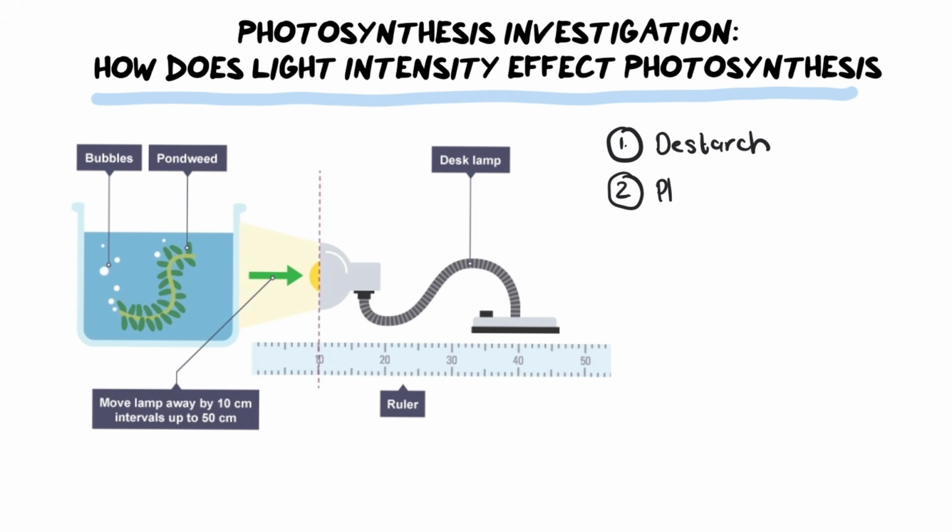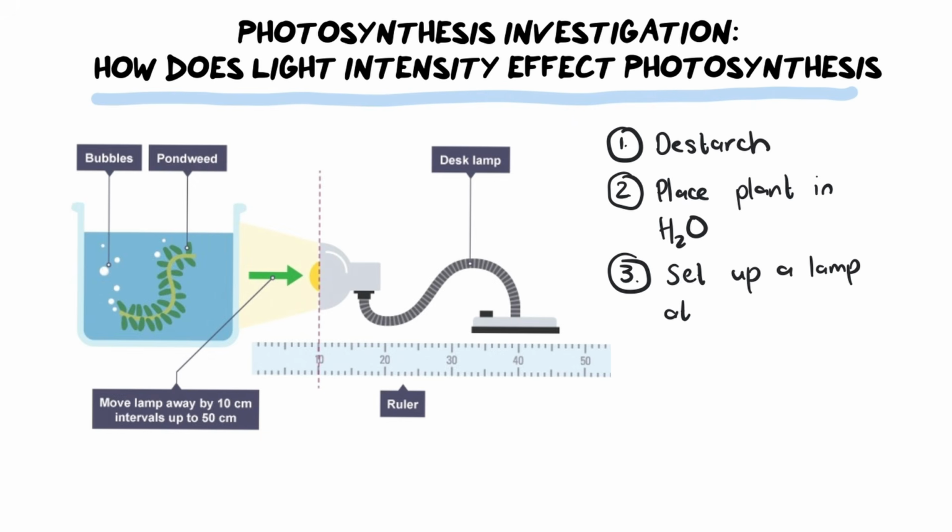So we're going to place the plant in water. The third thing that we are going to do is set up a lamp, as you can see in the diagram, at different distances.